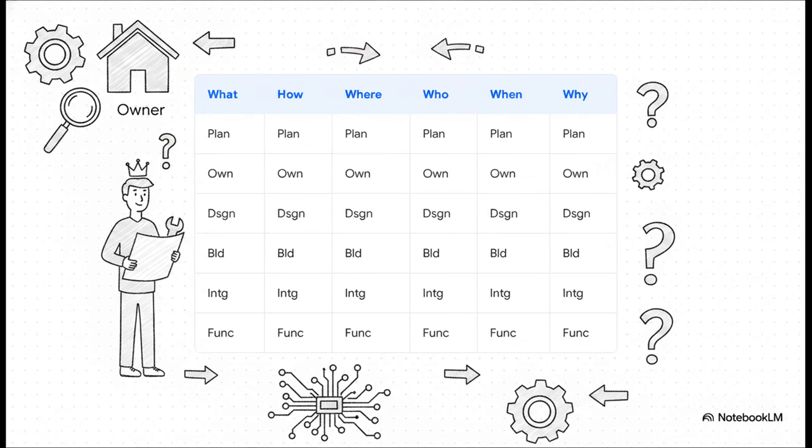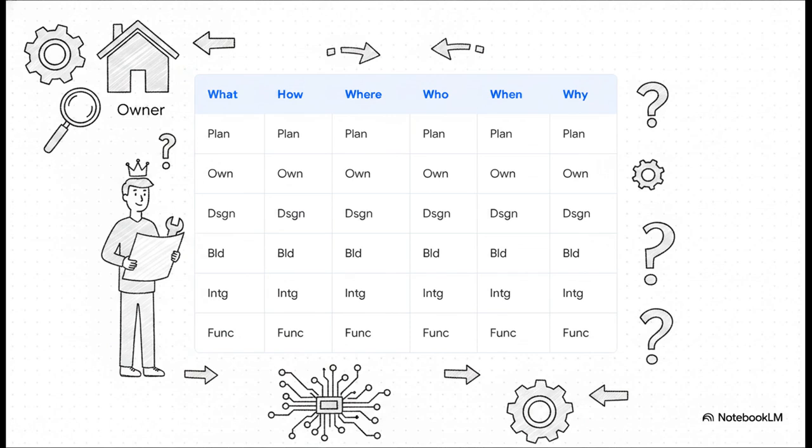It maps out 6 different stakeholder perspectives, starting from the high-level planner and owner all the way down into the weeds with the builder and the functioning enterprise itself. Then it crosses those perspectives with 6 fundamental questions: what, how, where, who, when, and why. Boom, 36 distinct cells. By forcing architects to meticulously fill out this matrix, it ensures absolutely every single aspect, angle, and viewpoint of an enterprise is considered during development.